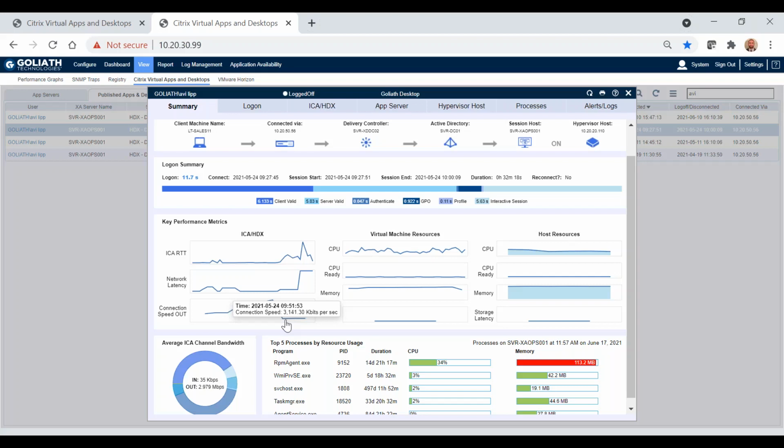Yeah, thanks, Avi. And to add to that very quickly, the key point here is that what you're seeing in the product when you look at network latency isn't the typical value you would get from the network team. Network latency here is what is being experienced by the end user. Avi brought up the fact that we're pulling this from the ICA protocol, which is true.